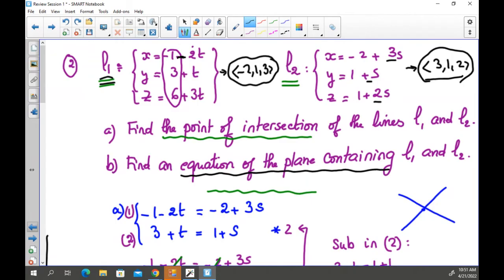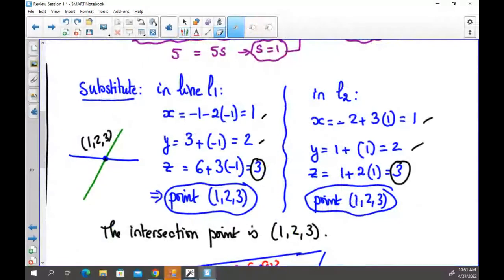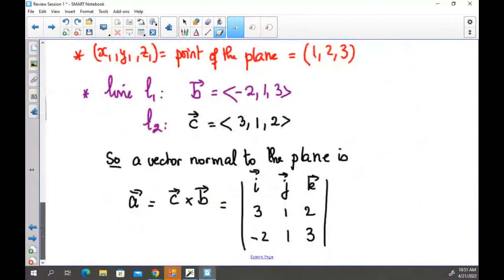Then you use these two vectors and take their cross product. So 3, 1, 2 and -2, 1, 3. What you will get is a vector which is normal to the two lines, and then we will use it to write the equation.